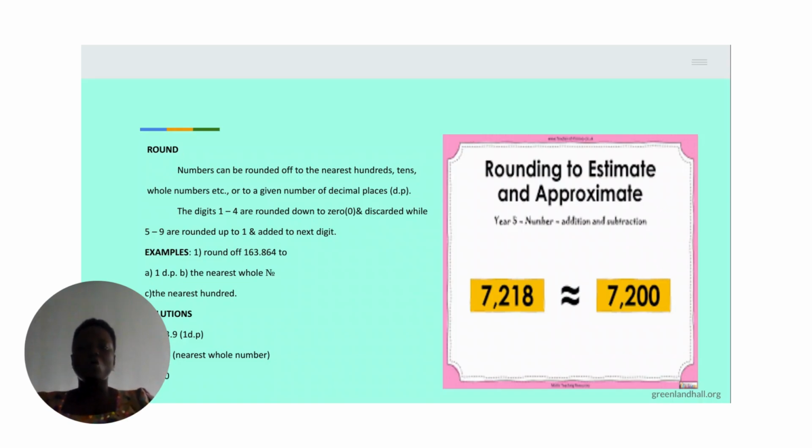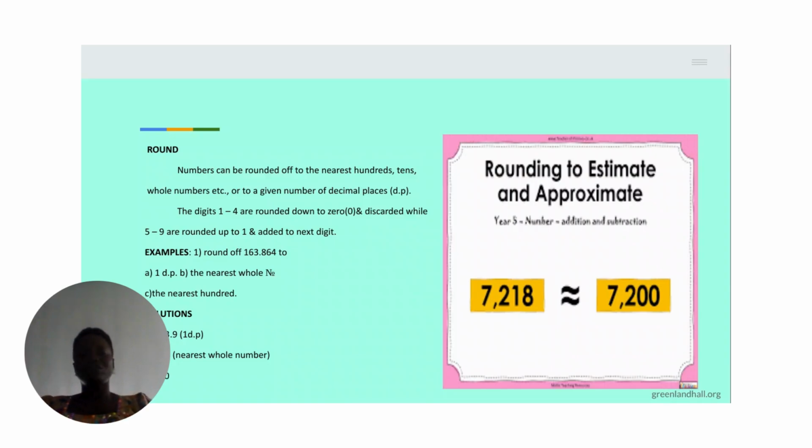Example, we are asked to round off 163.864 to A, one decimal place, B, nearest whole number, and C, to the nearest hundred.